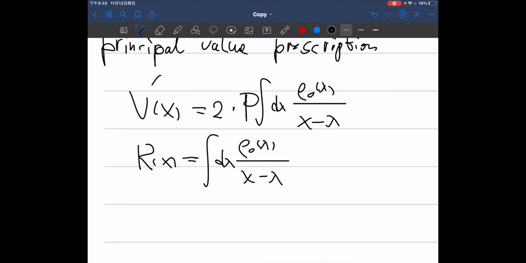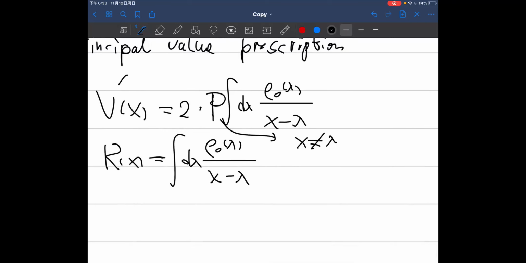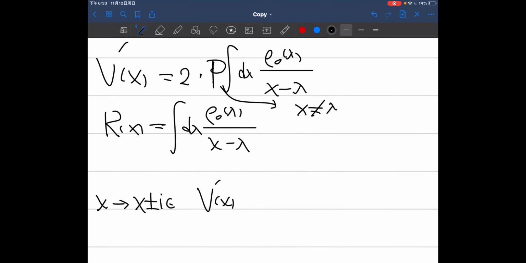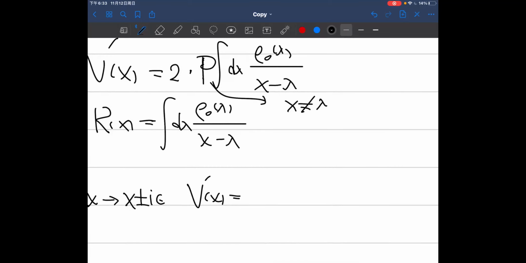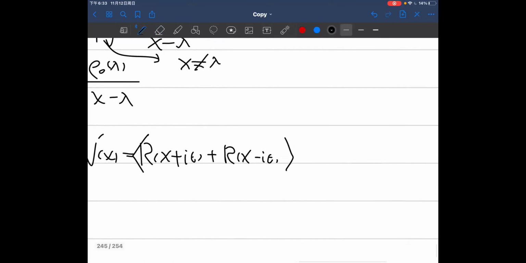You need to avoid the case that x equals lambda, and here usually x should not equal lambda. So we can consider shifting x with a small imaginary part, that is x to x plus or minus epsilon. So we take the principal value. So V prime of x equals R(x plus epsilon) plus R(x minus epsilon). We need to take the ensemble average and take the leading order.